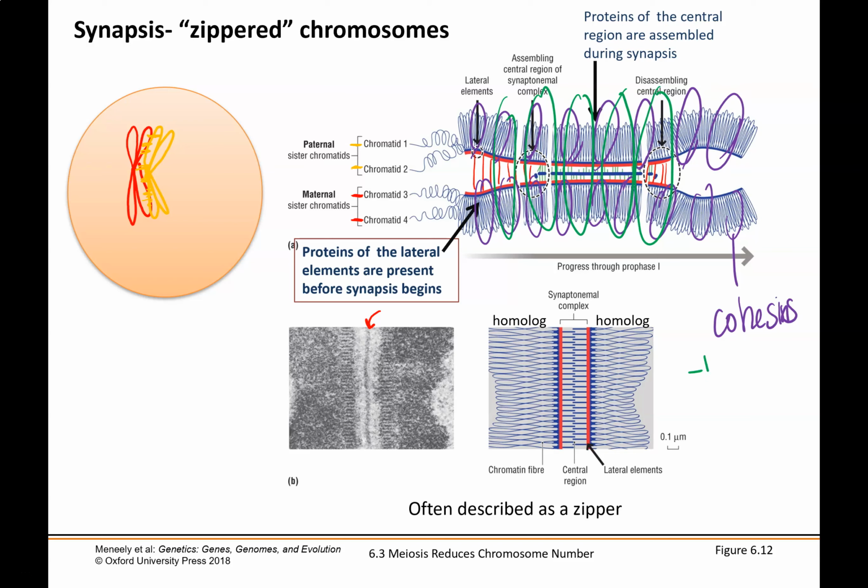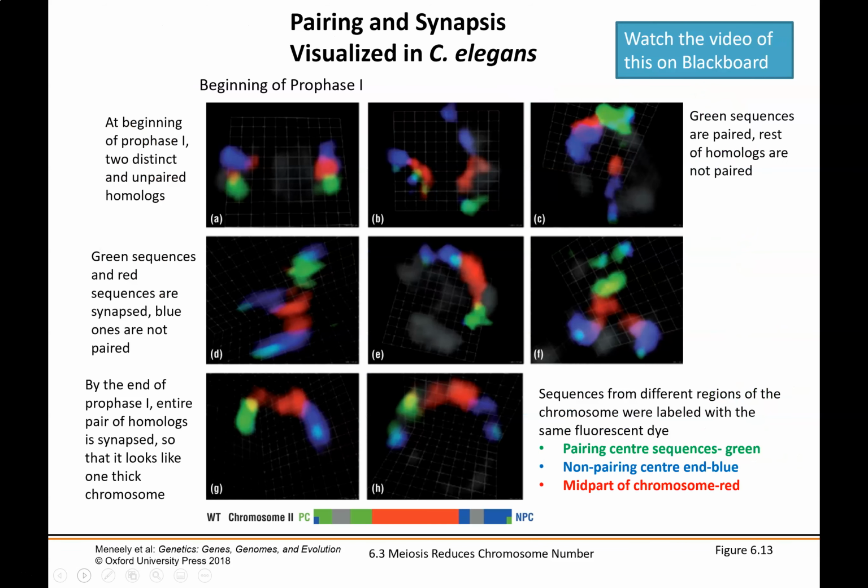So we have those cohesins that hold chromatids, and we have cohesins that hold homologs. So we've got several different processes that are holding those chromosomes together.